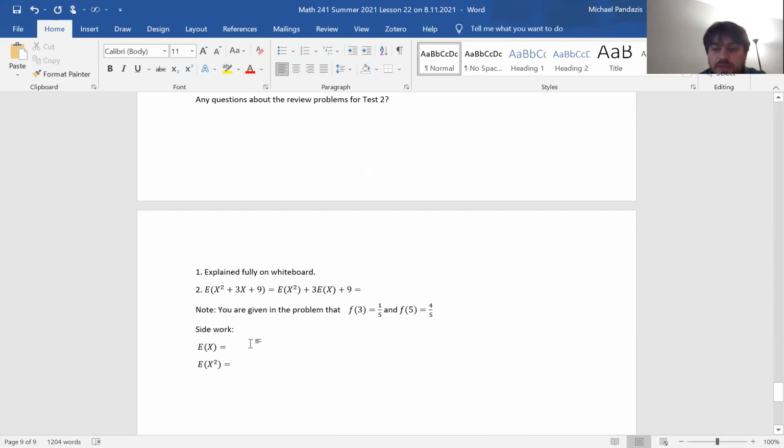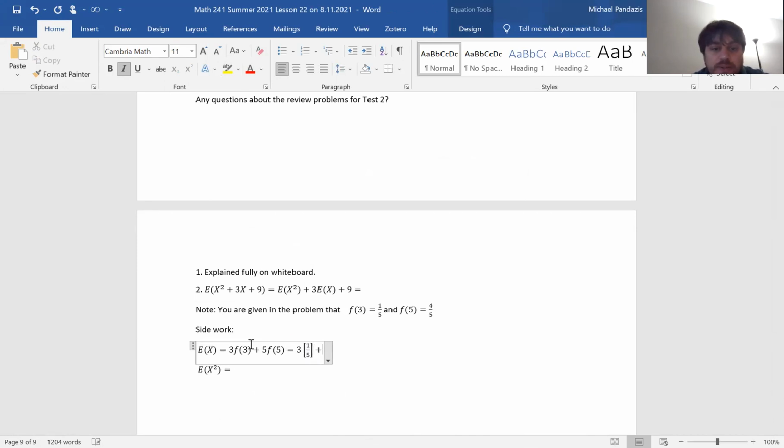So E of X would just be 3 times f of 3 plus 5 times f of 5. That equals 3 times 1/5 plus 5 times 4/5, which is 3/5 plus 4, and so that would be equal to 23/5.